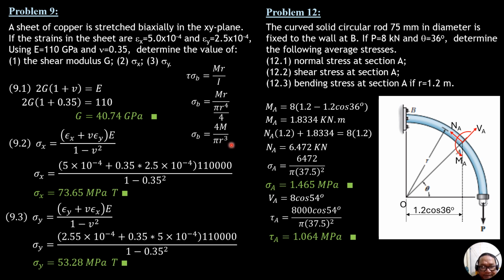So that's the formula. Substitute. We express moment in newton mm by multiplying this moment 1.8334 by 1000 square, then divided by pi times 37.5 cube. So the result will be in megapascals, and that is equal to 4.27 megapascals. So that's it for this video.